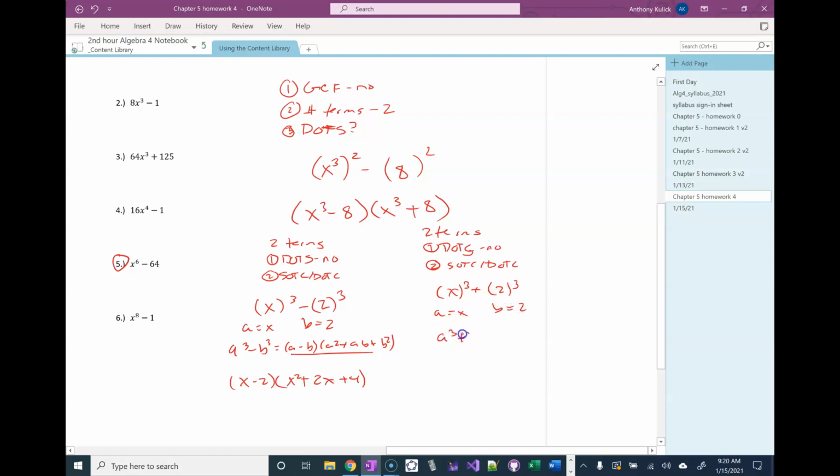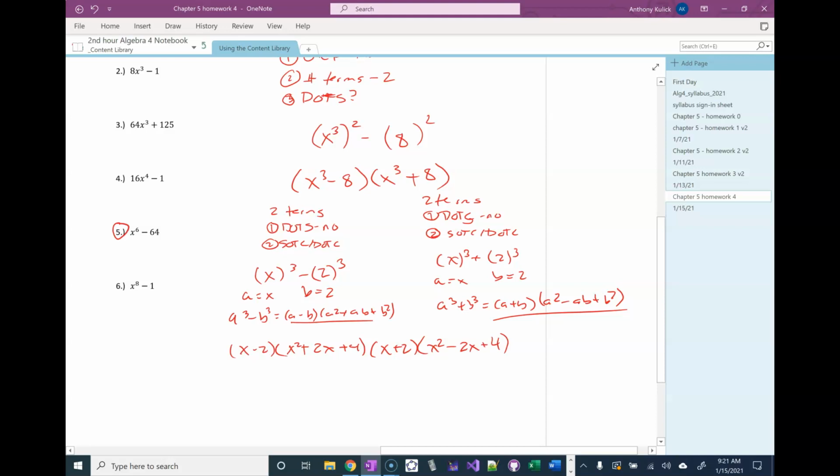And the sum of 2 cubes factoring pattern, again, I'll write that down so you guys can see where I'm plugging things into. Again, I'm plugging the values for a and b into that. So a plus b is x plus 2, and then a squared is x squared, then minus a times b is 2x, and then b squared is 2 squared, which is 4.